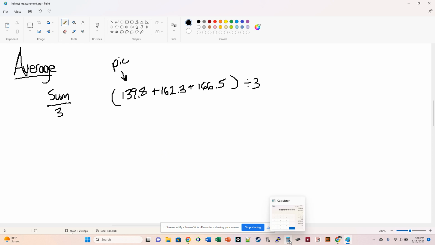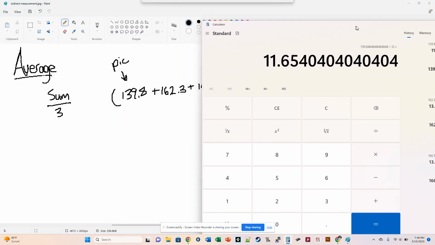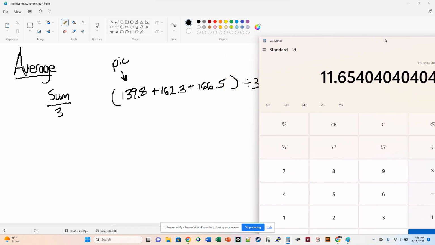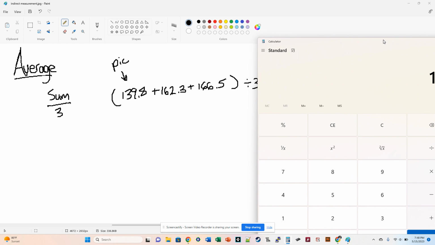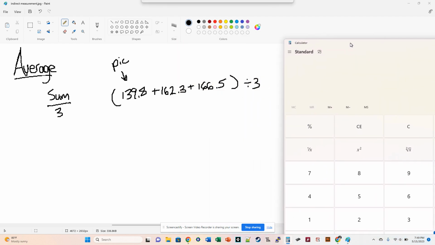All right, let me just use the calculator for that. We've got 139.8 plus 162.3 plus 166.5. Hit enter. This gives me that sum: 468.6.